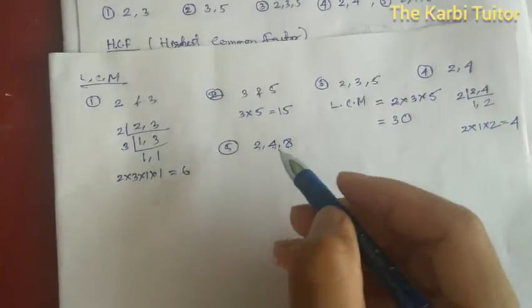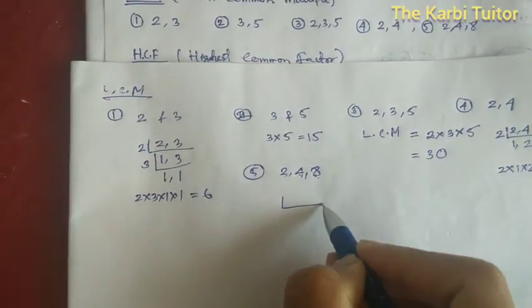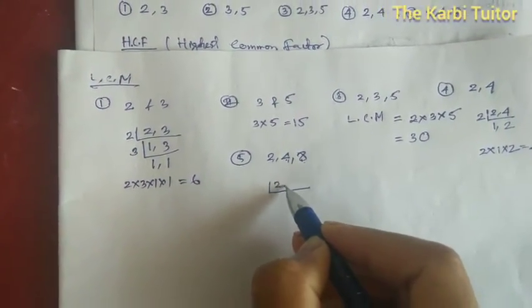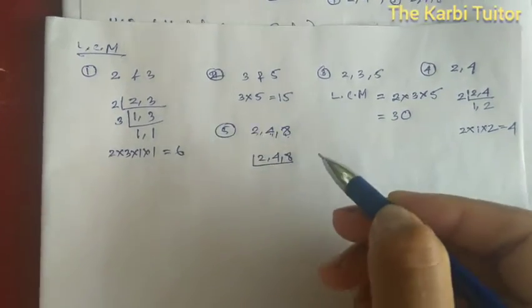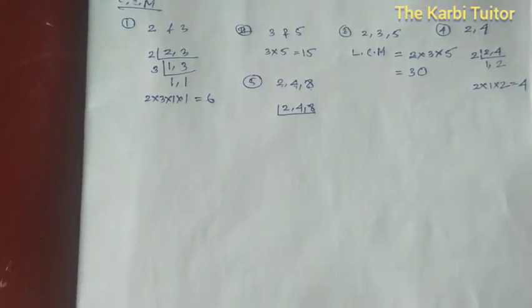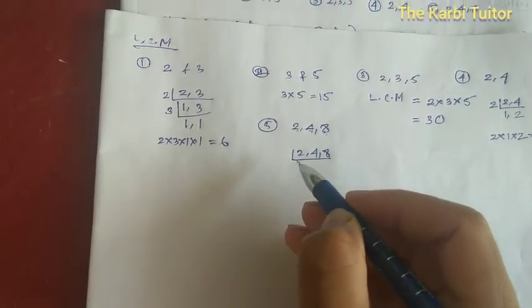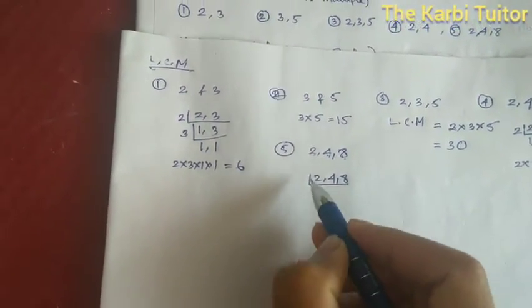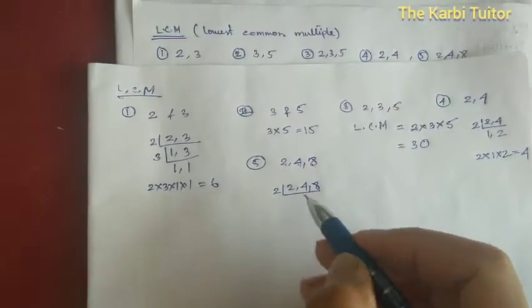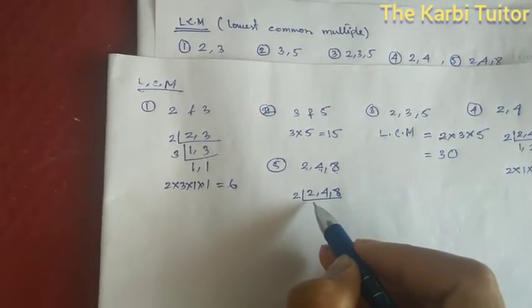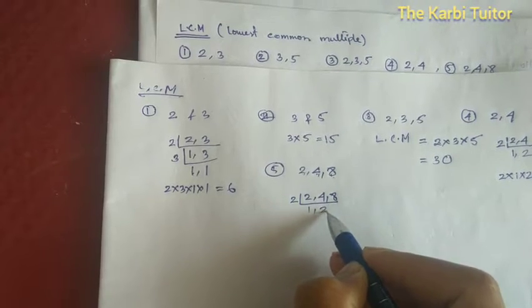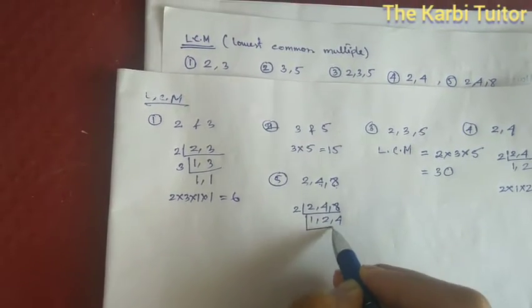Or we can check. 2, 4, 8. So these are even numbers and we have to divide by 2. So 2 ones are 2, 2 twos are 4, 2 fours are 8.